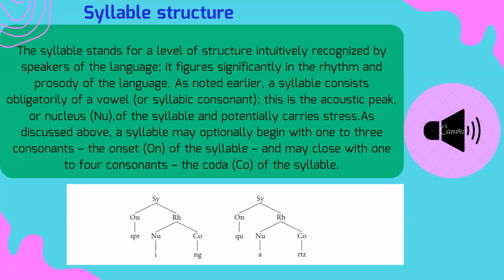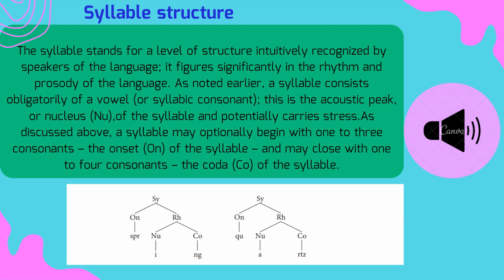Let's move on. And syllable structure. The syllable represents a level of structure intuitively recognized by speakers of the language. It demonstrates significantly in the rhythm and prosody of the language. As noted earlier, a syllable is made up obligatorily of a vowel or syllabic consonant.